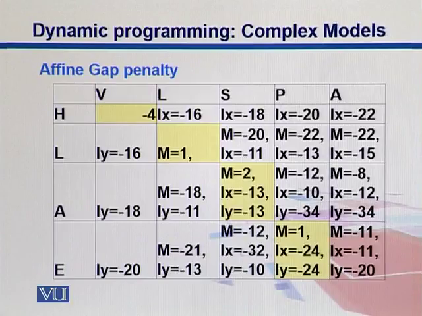The traceback pointers are on here. I'm just zooming in on a part of it. Over here we try to pick up where we get the maximum score in any of those states. For example, if we compare all these cells, we see that here match is the best explanation. So match, and the score is 1.